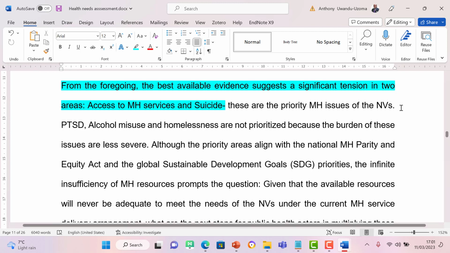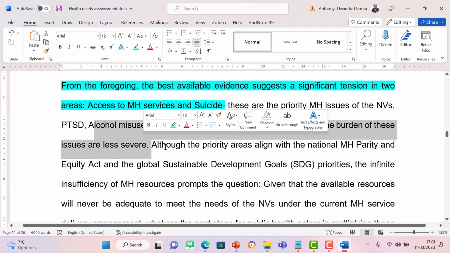Now you need to show how these are linked to national or local priorities. You can see that the author backed it up by saying that alcohol misuse and homelessness are not prioritized because of the burden of disease, so they are less severe. You understand?